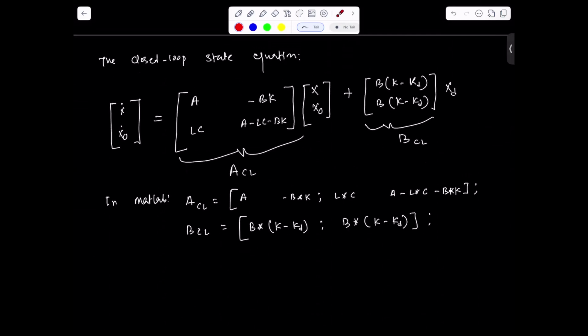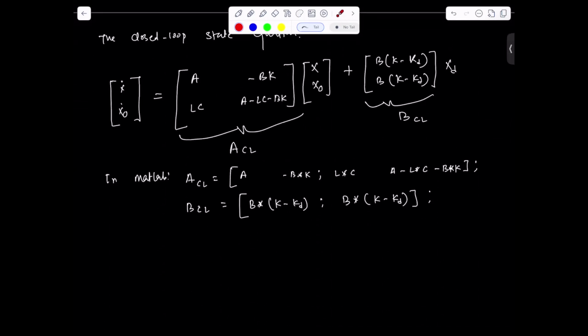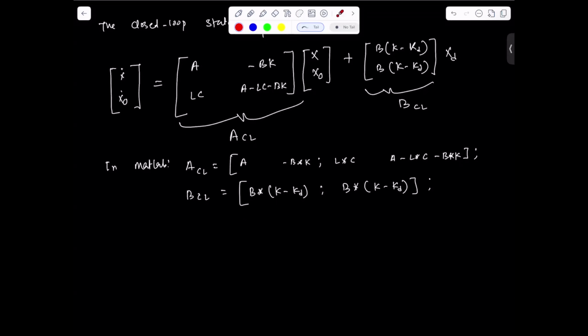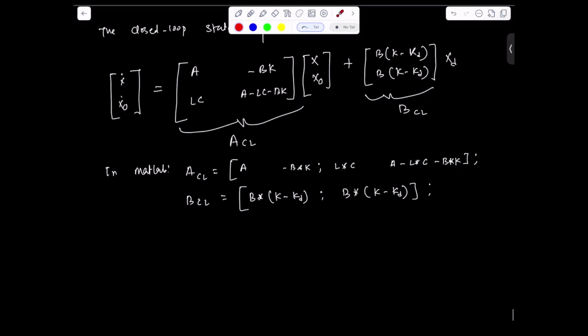Now we need to find the eigenvalues of ACL. If these eigenvalues are negative, then the error goes to 0 over time.